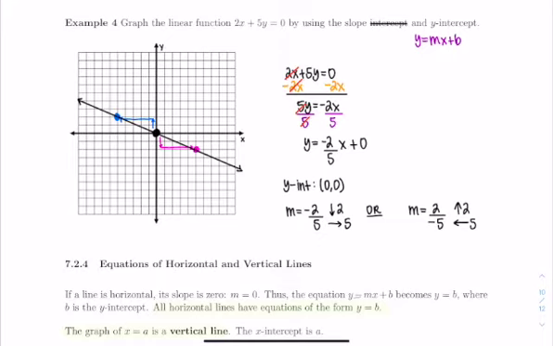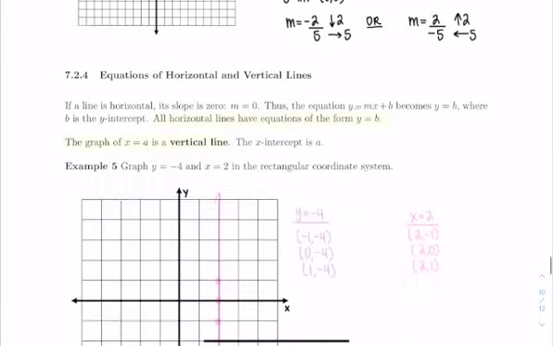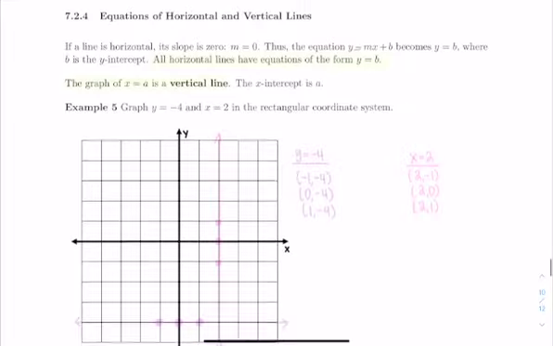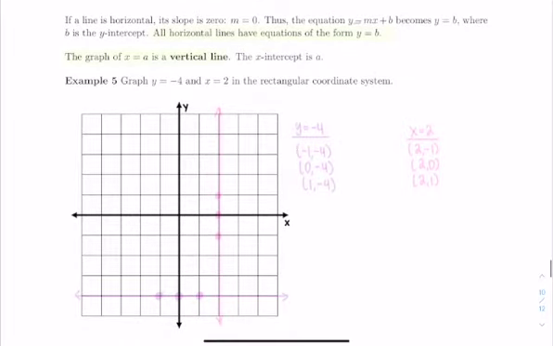Now let's talk about special types of lines, which are horizontal and vertical lines. If a line is horizontal, its slope is 0 or m is equal to 0. Thus, the equation y equals mx plus b just becomes y equals b, where b is the y-intercept.